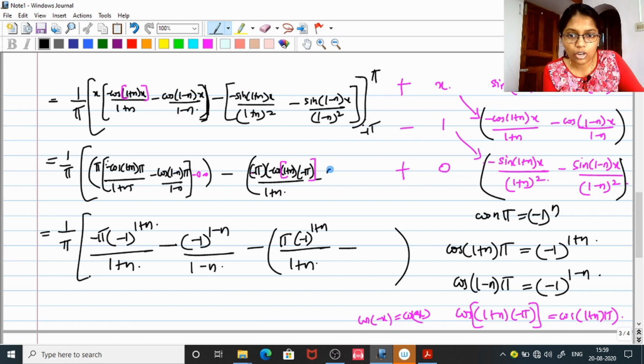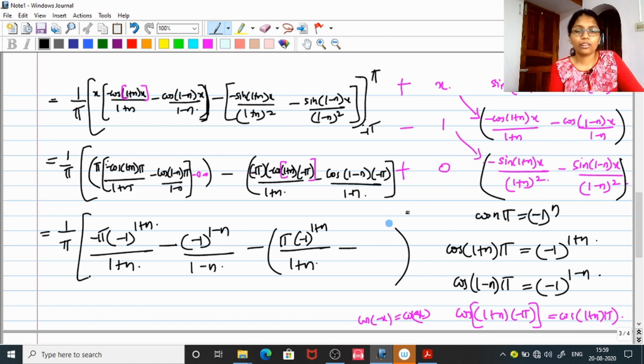It is cos of 1 minus n into minus pi, okay, divided by 1 minus n. So cos of 1 minus n of negative pi is simply negative 1 raised to 1 minus n, okay, divided by 1 minus n. So that's it.